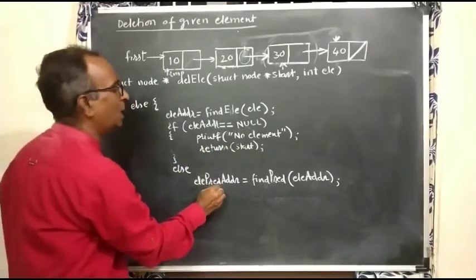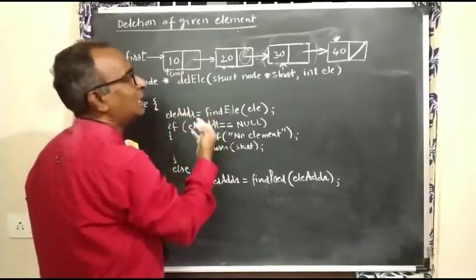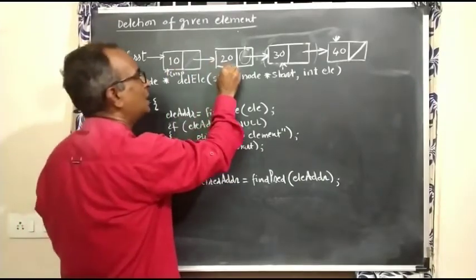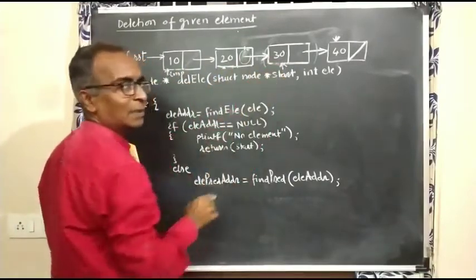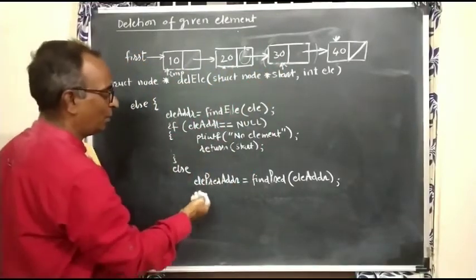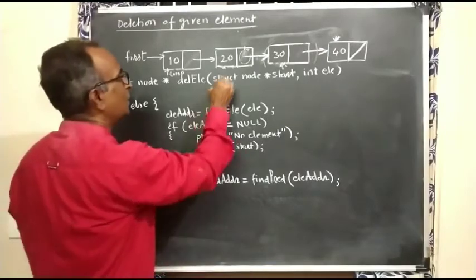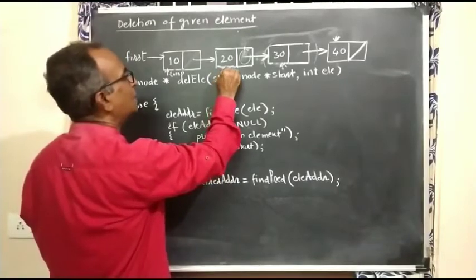So you are getting the predecessor node's address somewhere. Now once you have the predecessor node's address, this predecessor might be this, might be this, might be this. In this case, this or this. Now what are the adjustments? Suppose this is this element's predecessor address, EPA.